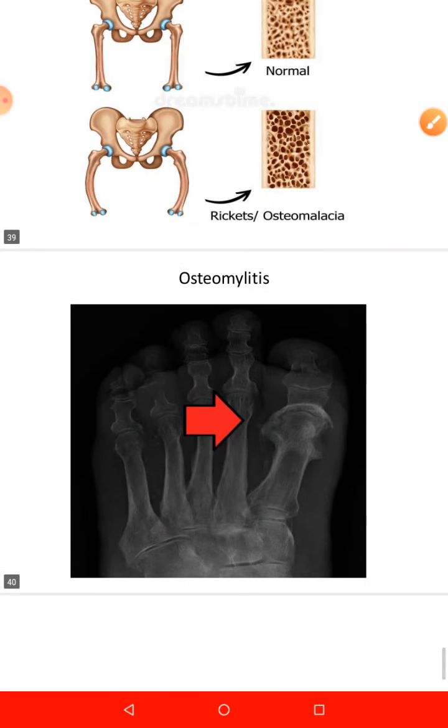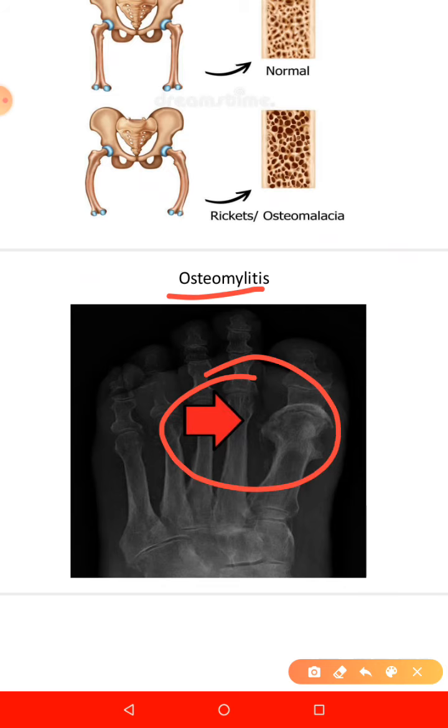And then we have osteomyelitis. I've shown you an X-ray here. This one is an inflammation; itis meaning inflammation. It's an inflammation of a bone or bone marrow. It mostly affects the bones of the arms, the legs, the pelvis, and the spine. Here I've shown you, are these phalanges or metacarpals, okay, the area of inflammation there.